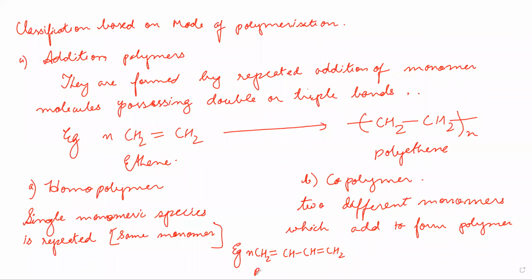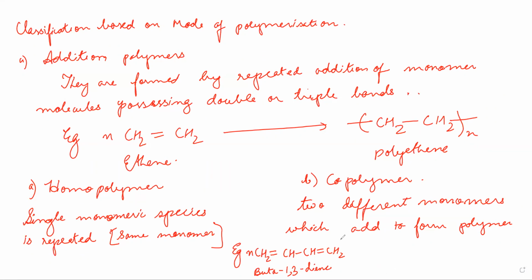So the name of this compound is buta-1,3-diene, or you can say 1,3-butadiene. That is also correct.